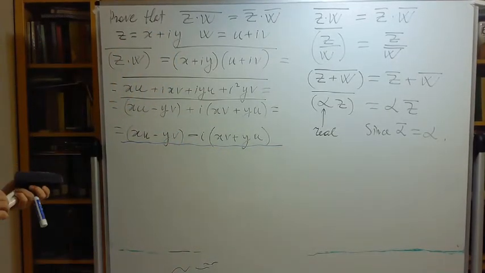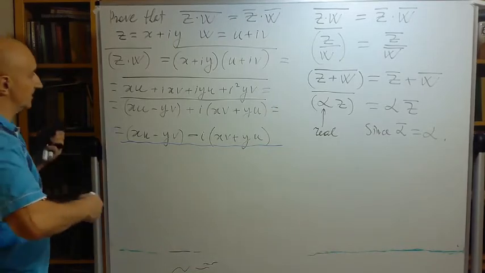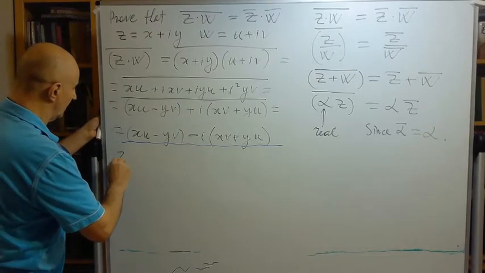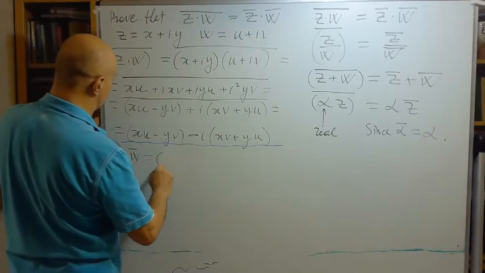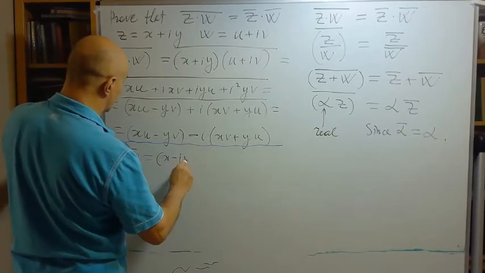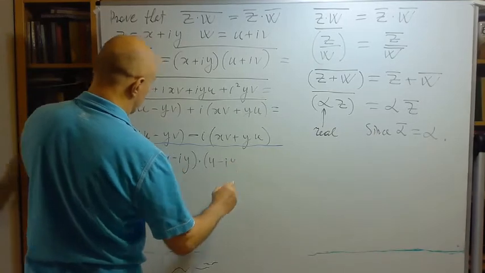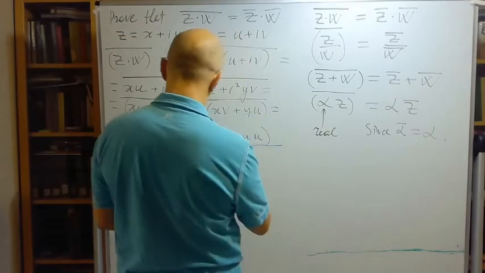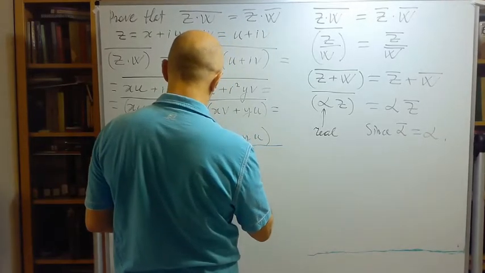So let's now try the second expression. It will be z conjugate multiplied by w conjugate. It will be x minus iy multiplied by u minus iv.